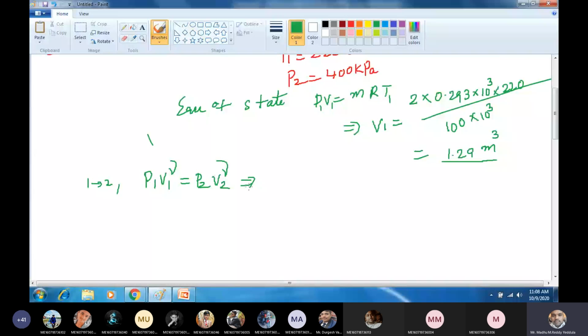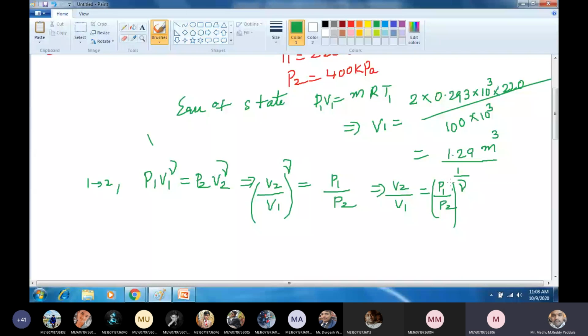What I want is the final volume. So (V2 by V1) whole power gamma is equal to P1 divided by P2. From this, V2 by V1 is equal to (P1 by P2) whole power 1 by gamma.